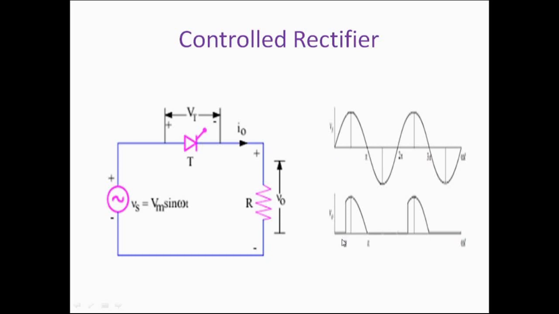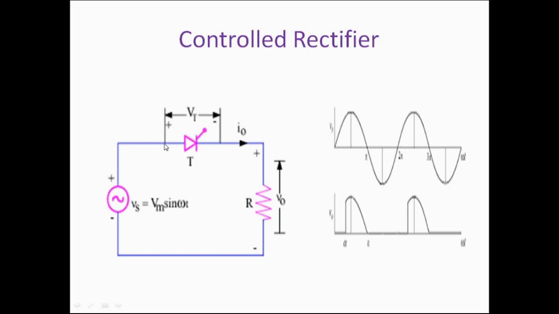We are applying, for example, at 60 degree, a voltage to this SCR at an angle alpha. Once we apply a gate voltage, or inject a gate current, assume right now the SCR will turn on. From 60 degree to 180 degree, the SCR remains on, so it is acting like a closed switch.